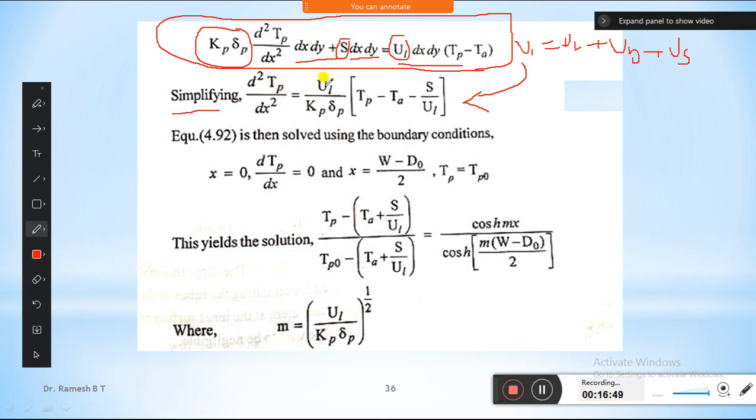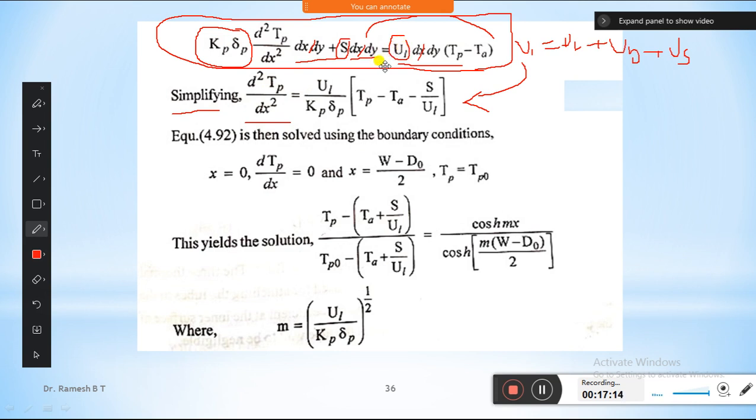If you send this term to the left side, dx dy get cancelled, and Kp and rho p go to the other side, and finally the equation becomes d square Tp by dx square equal to UL.